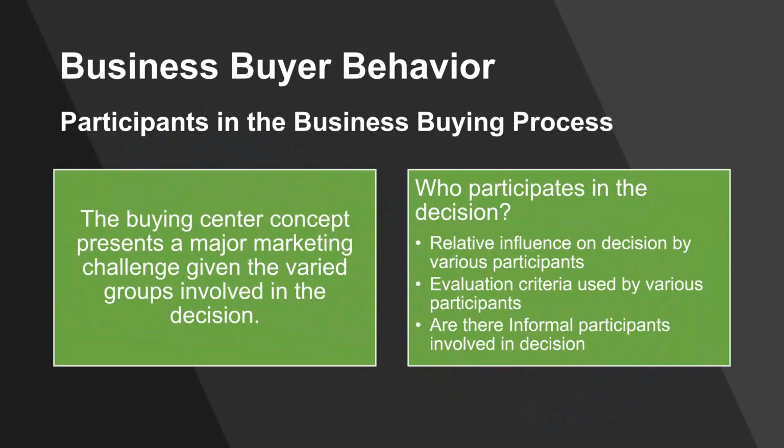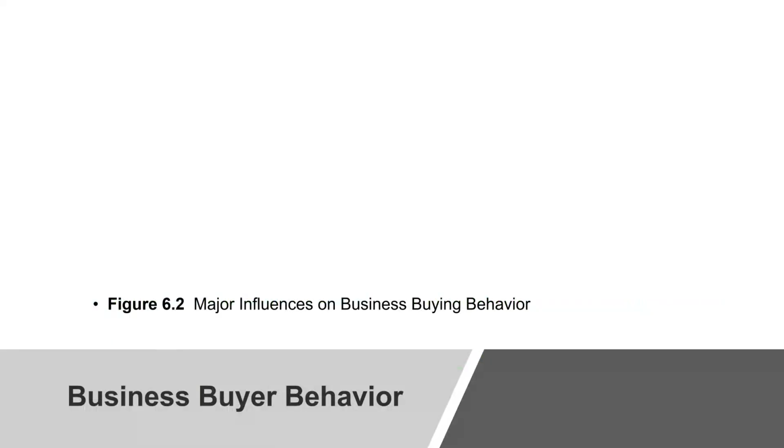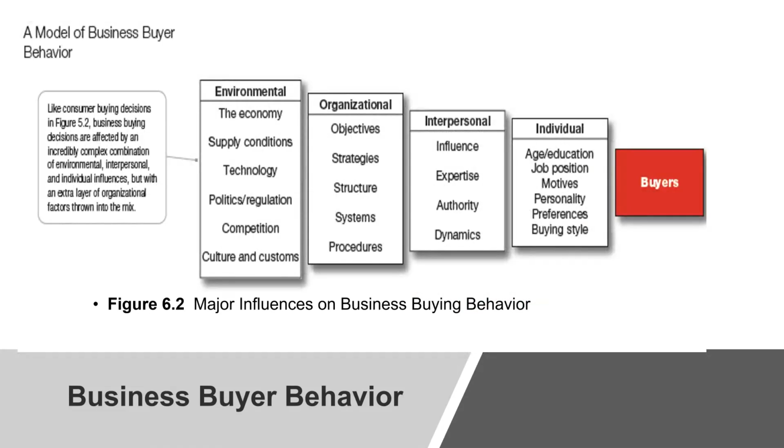So there are a lot of participants in the business buying process, as we know, but who participates in the decision? Well, it's usually based off of influence, evaluation of criteria, and then there are usually informal participants involved, as we discussed. But at the end of the day, let's talk about Patty. Patty has to actually purchase the end product for her small company.